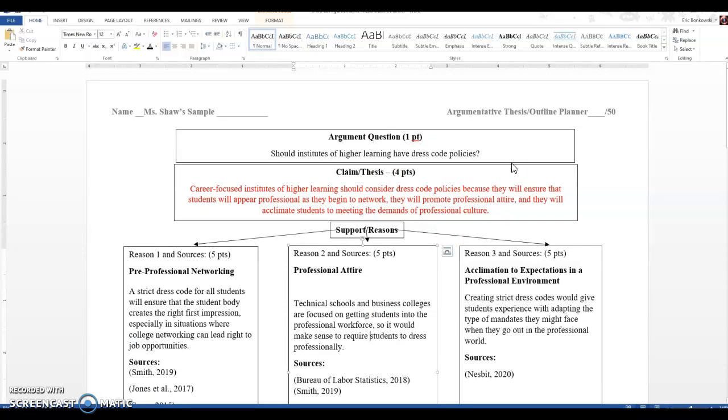The first box is about the argument question, which is not really something we've talked about. We kind of jumped straight to the answer. But this question is basically just the question that you're answering. And it is a good way to double check and make sure that you're actually asking a question that can be argued.